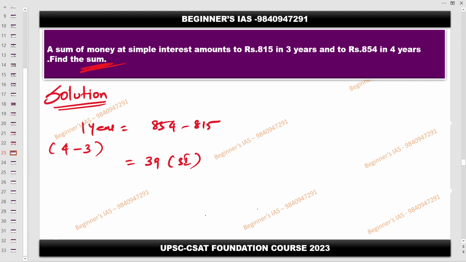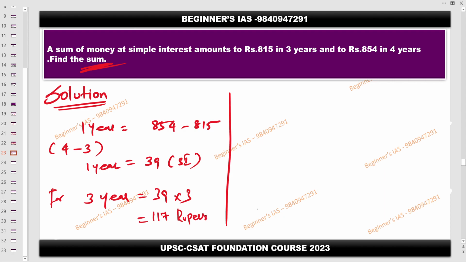Then you can take either 3 years or 4 years. This is for 1 year, so 1 year is 39 rupees. Then for 3 years, 39 into 3, how much? 107 or 117? 117 rupees.